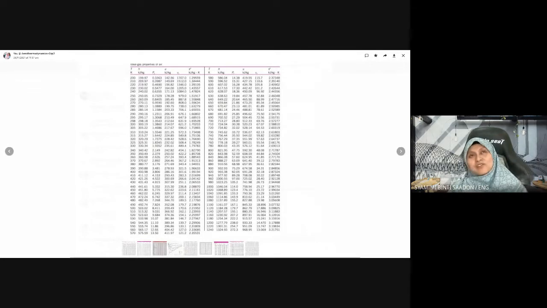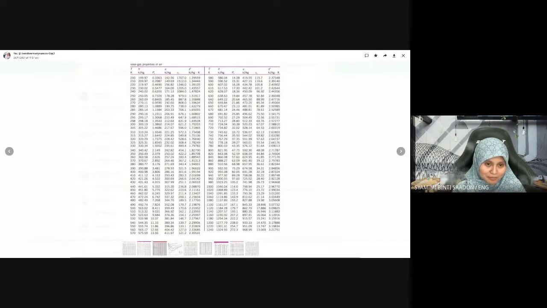So we assume that the compressed air is an ideal gas. That one we can assume, because it is air, gas, vapor. So we can assume that it is ideal. Because we use 280 Kelvin, we have 280, line number 9.